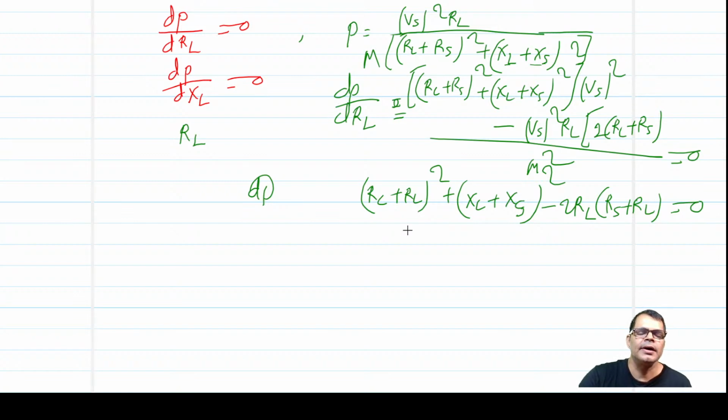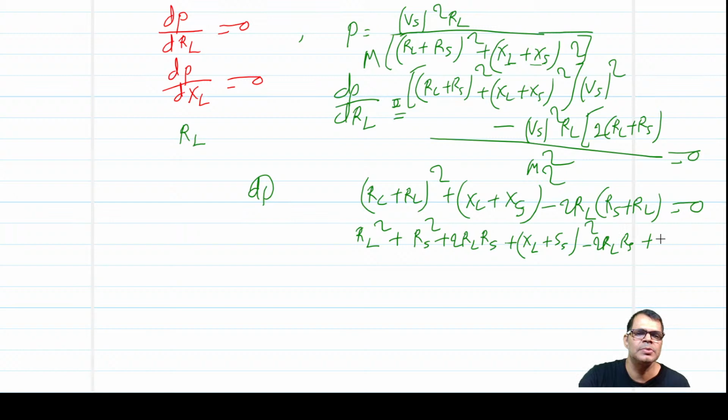Expanding, RL square plus Rs square plus 2 RL Rs, let these terms remain the same, minus 2 RL Rs minus 2 RL square equal to 0.